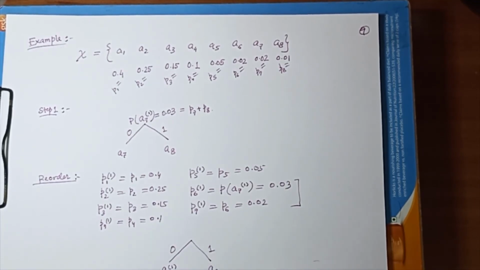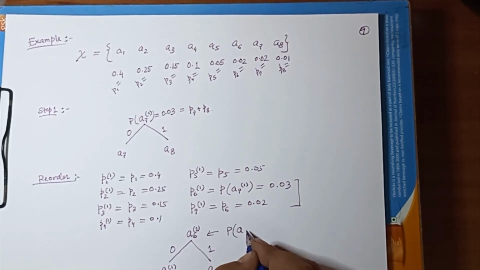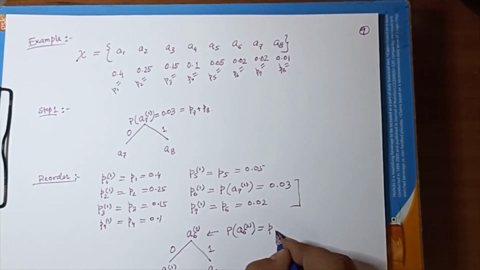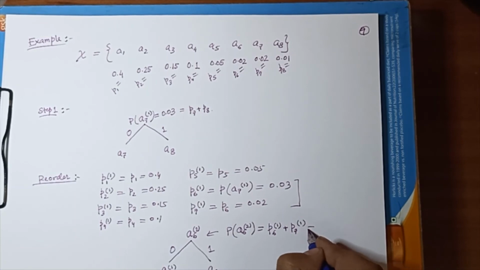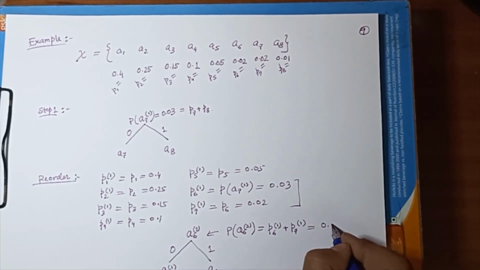Okay. So what is this? This is the new term, which is say A62, and the corresponding probability P of A62 will be P61 plus P71, which is 0.02 and 0.03, which is 0.05.